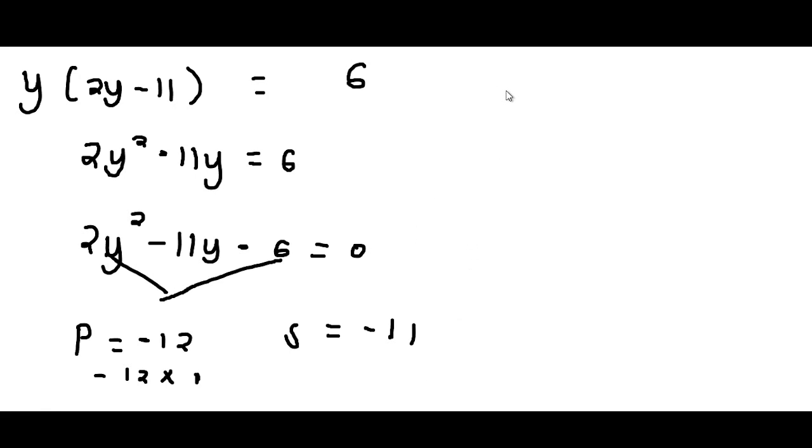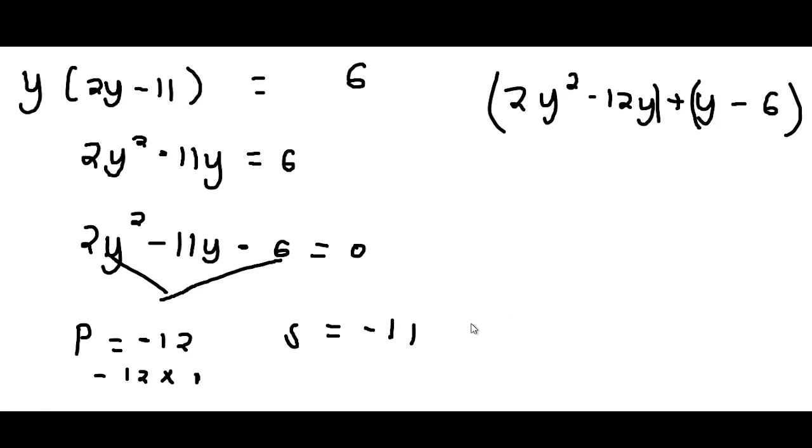So we can write it as 2y squared minus 12y plus y minus 6. We are left with 2y(y minus 6) plus (y minus 6).